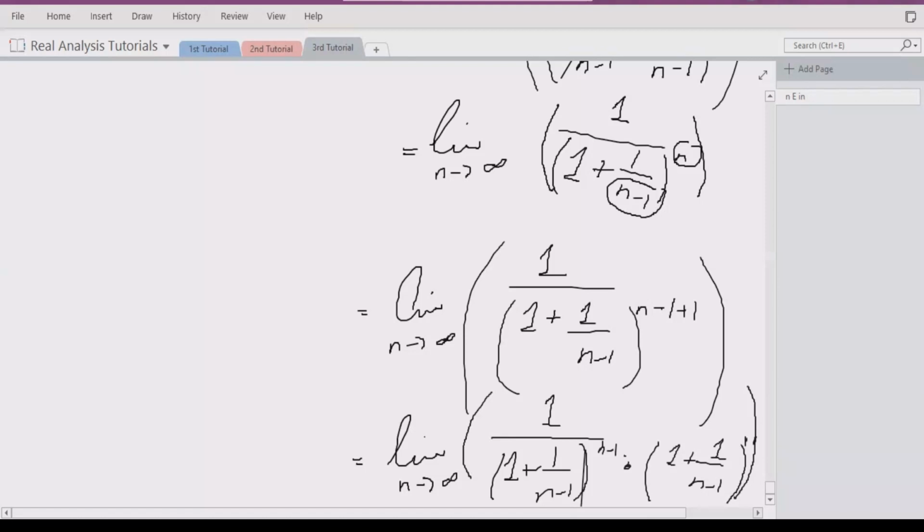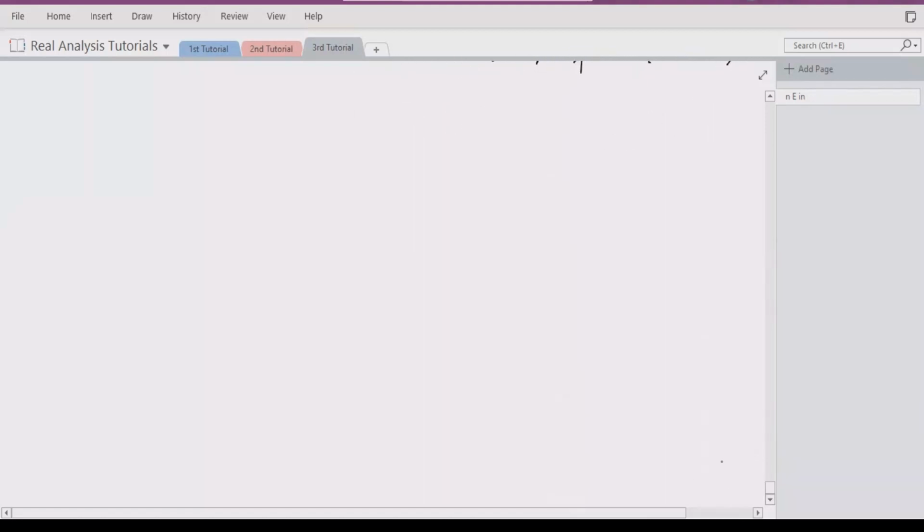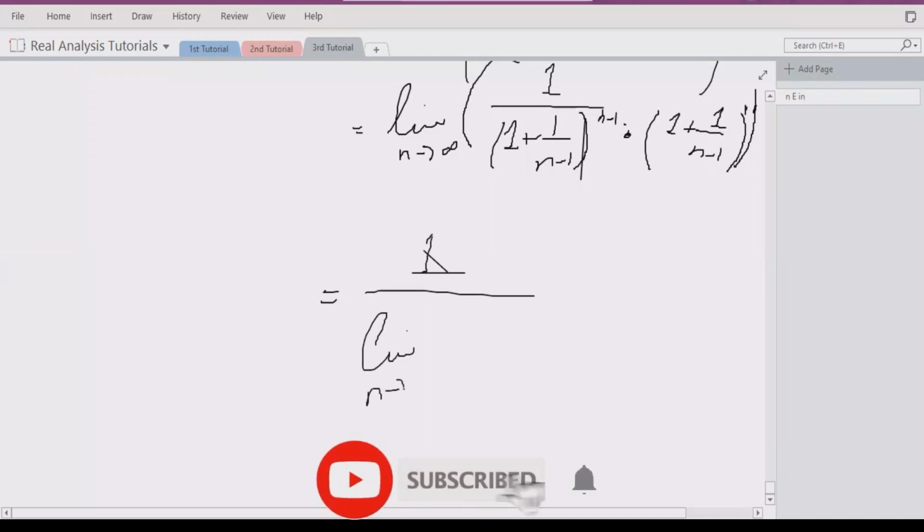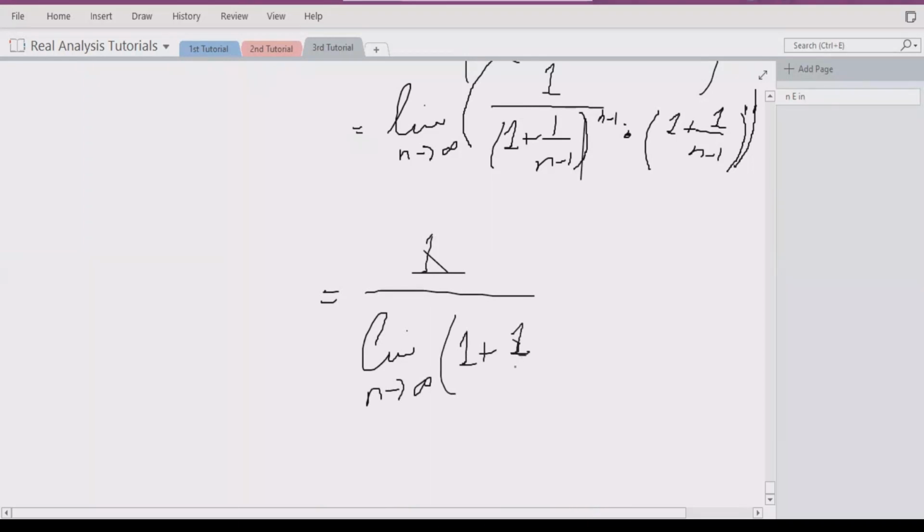Now we split the limit. 1 stays as it is, because the limit of 1 is always 1, we take it as a constant.